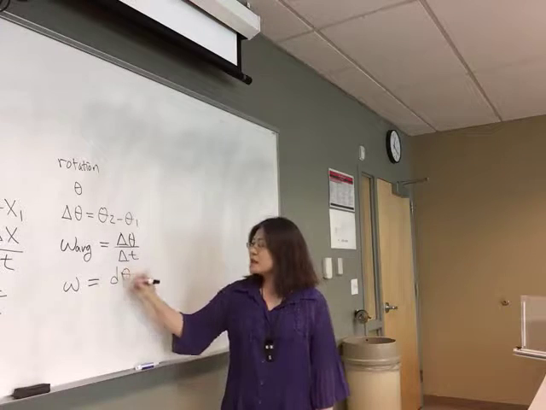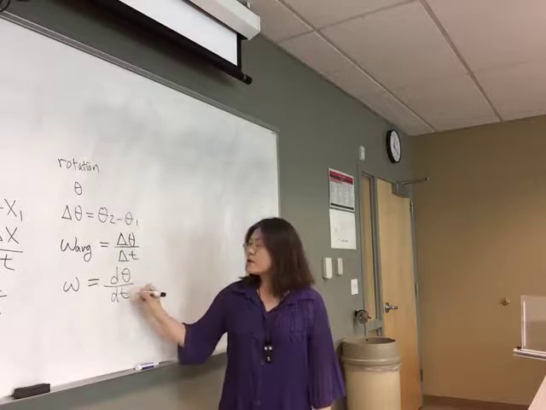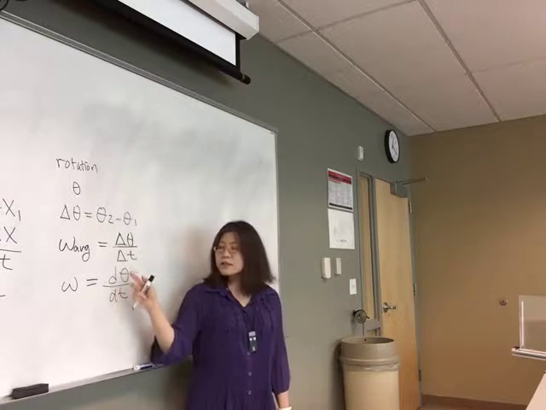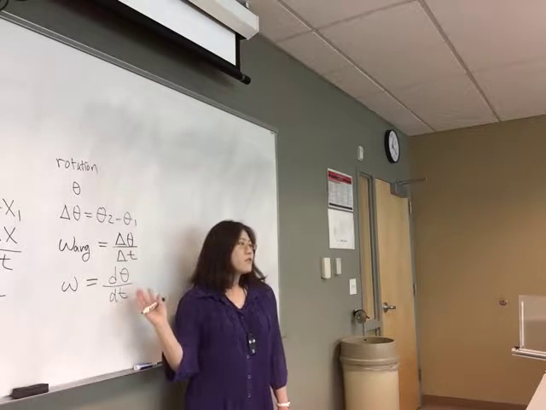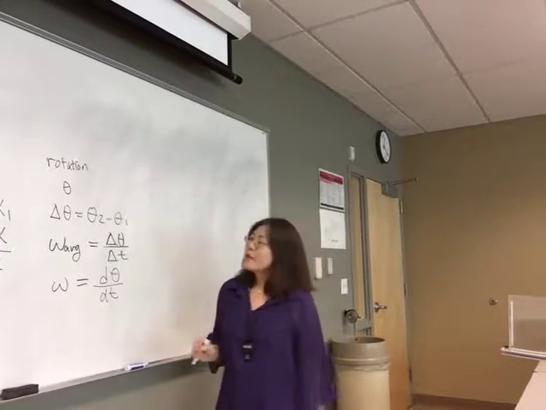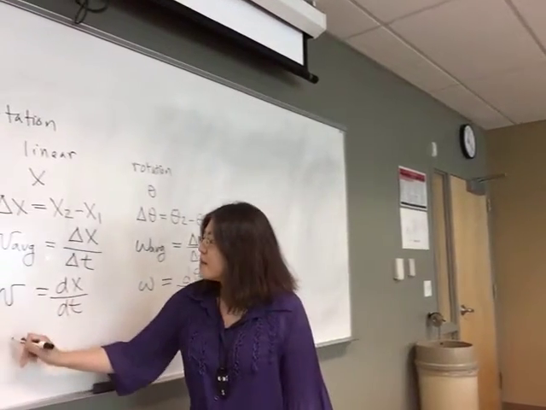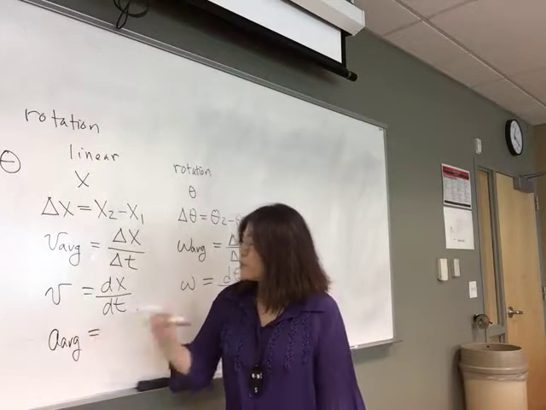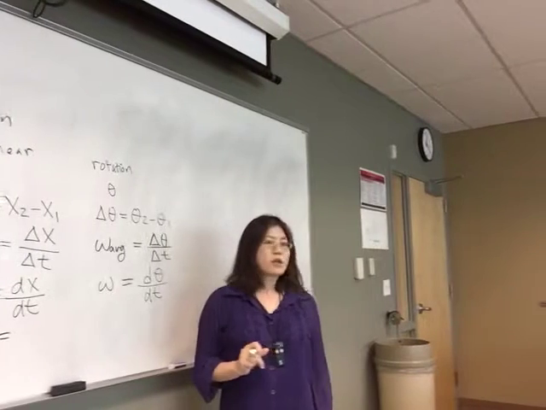So you have d theta dt. Again, as I mentioned, whenever you encounter this differential form, just take it as a fact. You don't have to really know how to do it just yet. Okay. All right. So what about the average acceleration? For linear motion, how do you find the average acceleration?